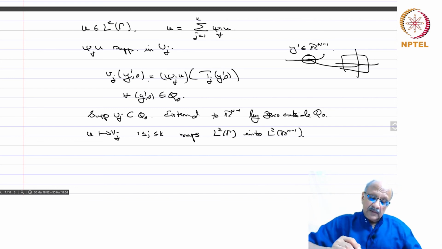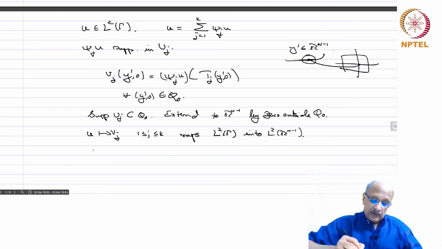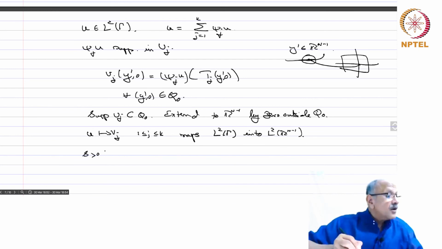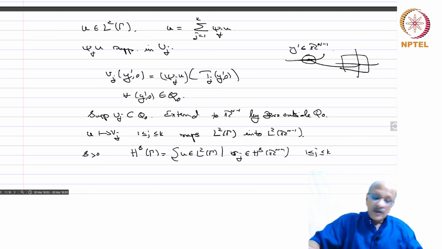Because you have taken the image using some C infinity maps, this is in L2 of Q0, and outside you have extended by 0, and therefore they are all in L2 of Rn-1. So if s is positive, you define Hs of Gamma equals the set of all u in L2 of Gamma such that Vj belongs to Hs of Rn-1, for 1 less than or equal to j less than or equal to k.